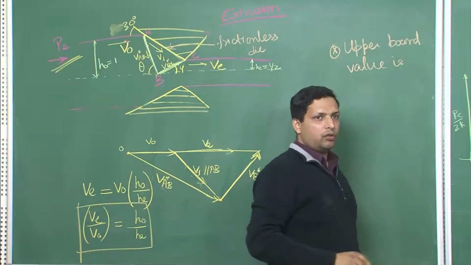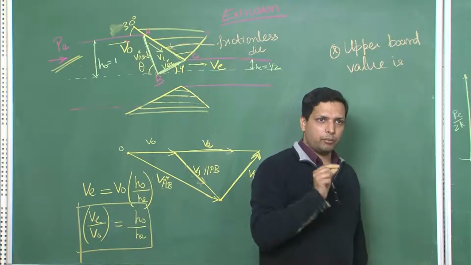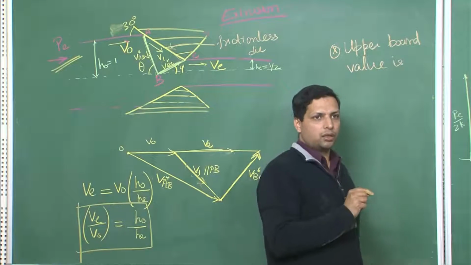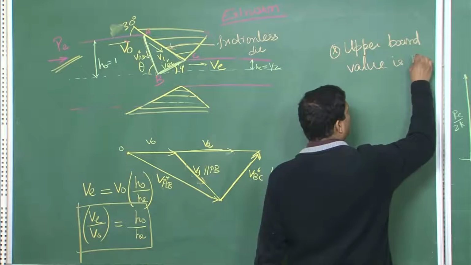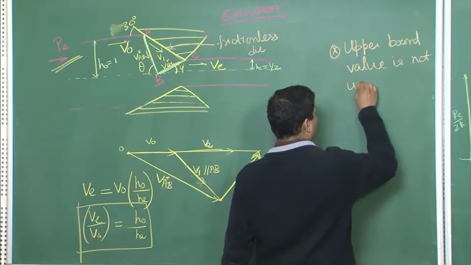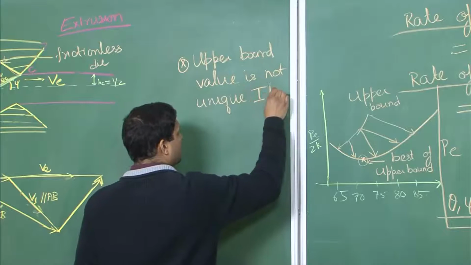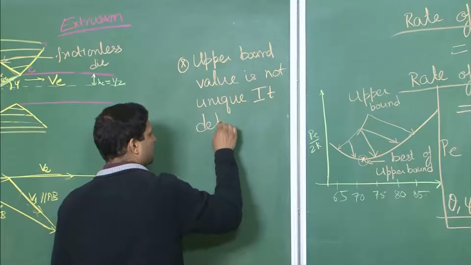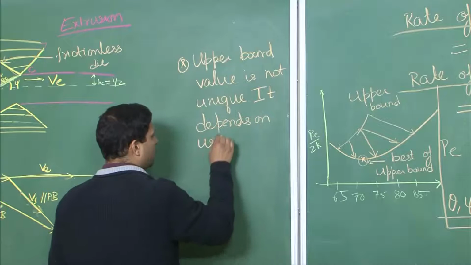Unlike in the uniform energy method, where only one particular geometry will give you one particular value, for the upper bound the value is not unique. It depends on the user defined deformation field.